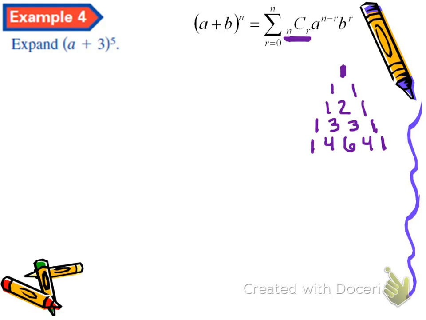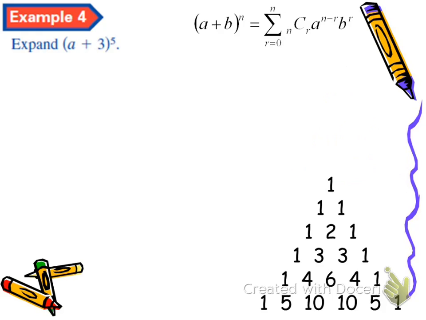We would want to go all the way to 5 because we're raising to the 5th power. So now we know we're on the row that we need. Alright, so quickly we have found that the coefficients that we need are 1, 5, 10, 10, 5, and 1. So you can quickly develop Pascal's triangle on your own.